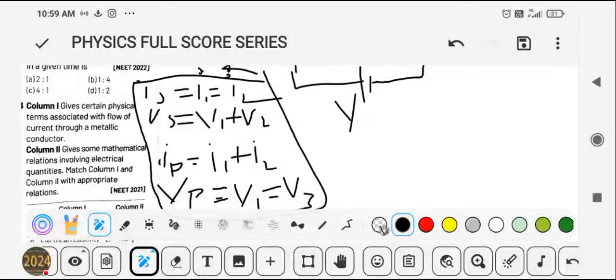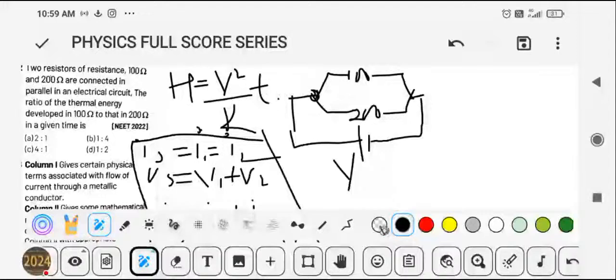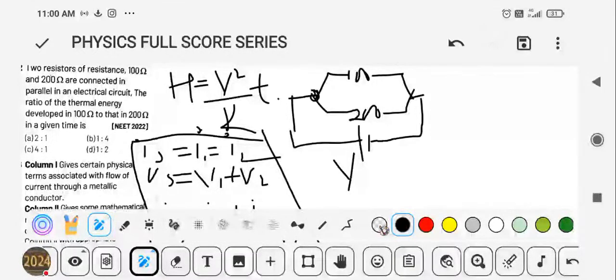If you know this and apply it perfectly, then circuit diagrams are going to be a cakewalk. If we apply this relation here, V is the same for both because 100 and 200 are in parallel. So the voltage for those two is the same. They are asking for the heat energy, that is V square by R into T. V square is the same for both and T is not given any function there, the same.